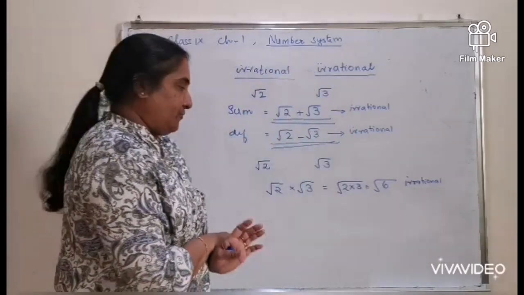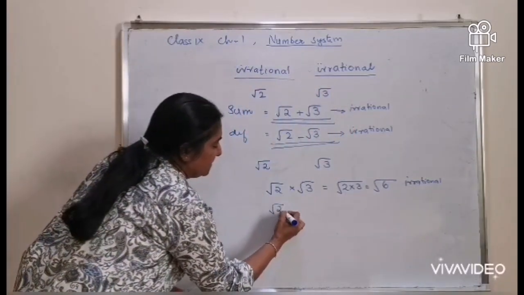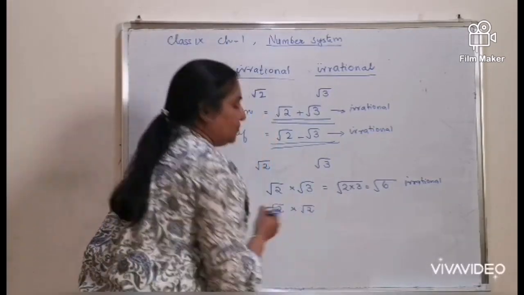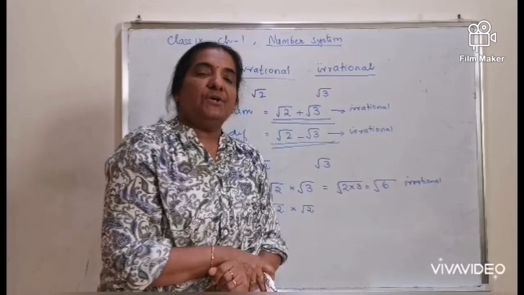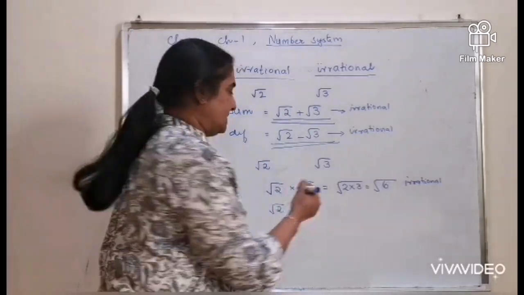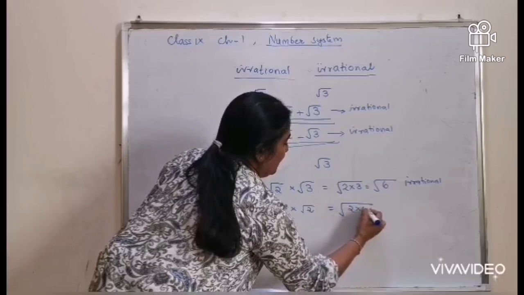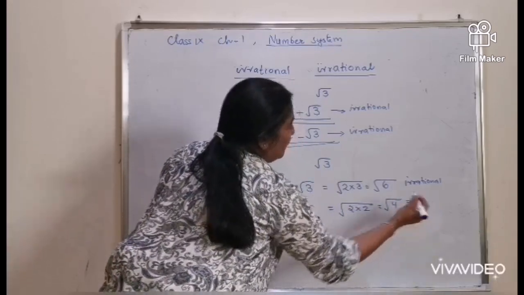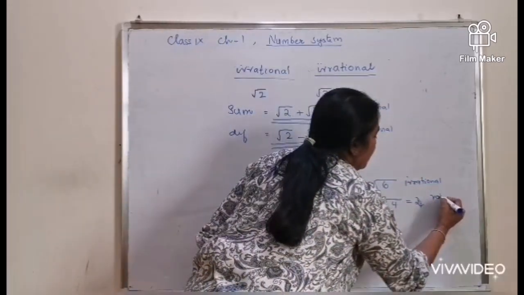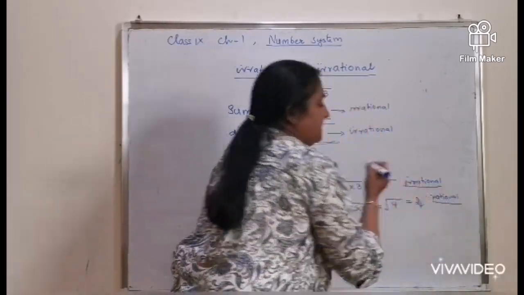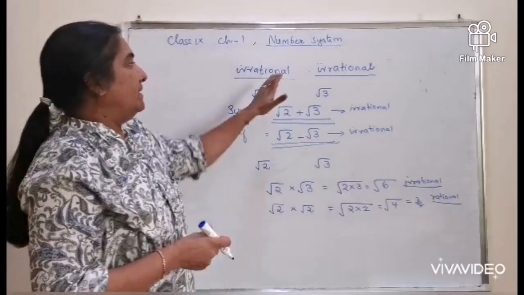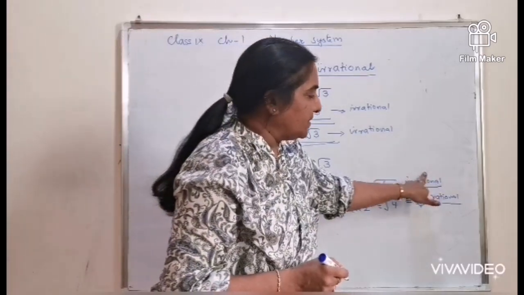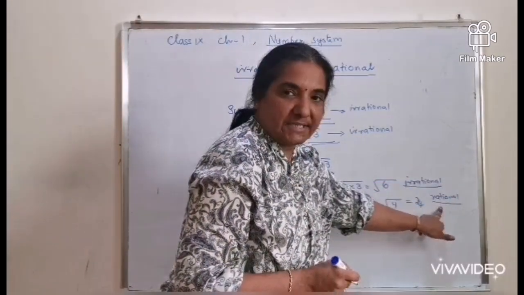But if you consider the first irrational number as square root 2 and one more irrational number as square root 2, if you multiply square root 2 twice, it's the same as square root of 2 into 2, square root of 4, which is equal to 2, a rational number. That means the product of two irrational numbers can be either irrational or rational.